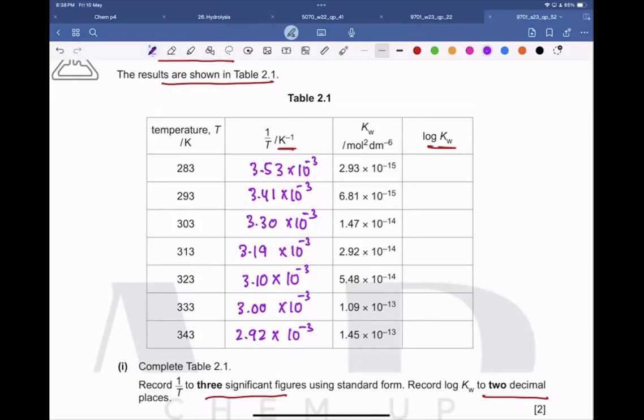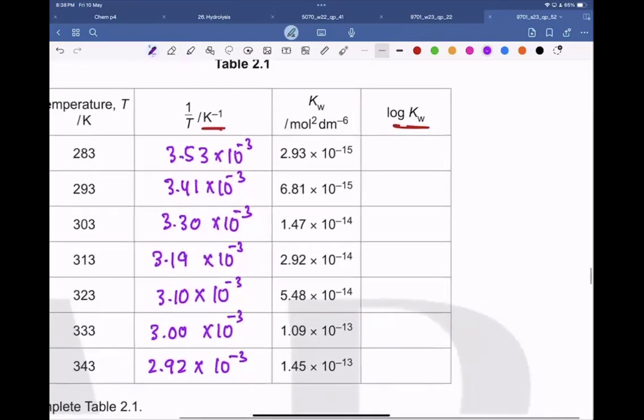Log base 10 and log is the same thing. Okay, minus 14.53. Next one.